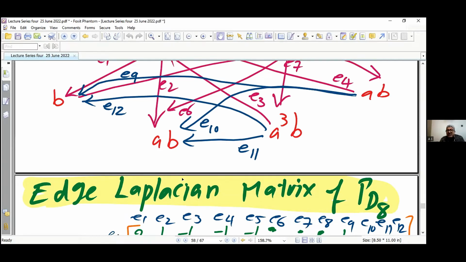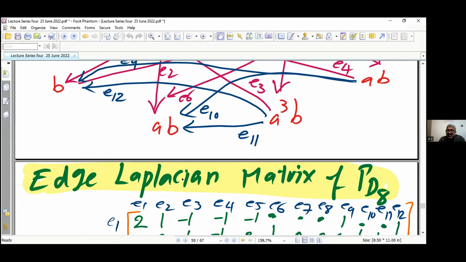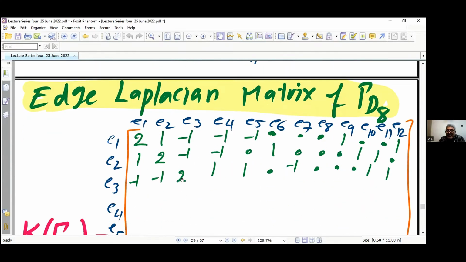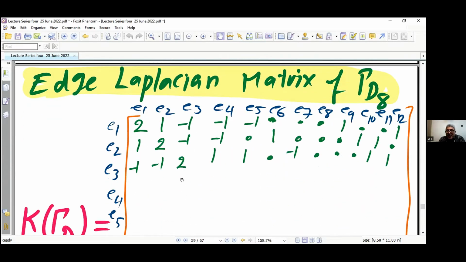Or secondly, we may use the incidence matrix and the formula which I have given for the edge Laplacian matrix, which was the transpose of the incidence matrix times the incidence matrix, right? Now here is the direct way. Of course, I don't have time to complete all entries.